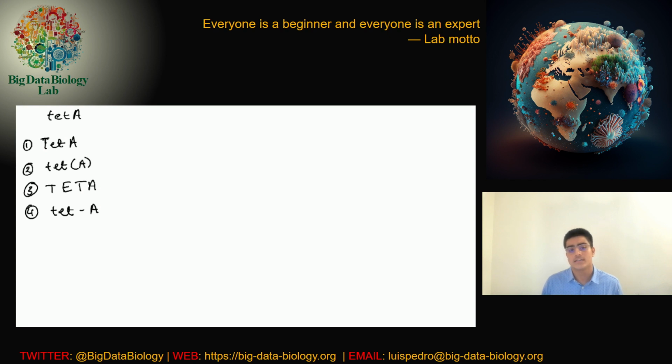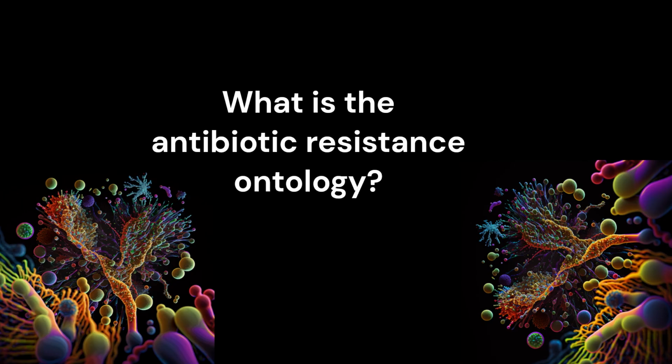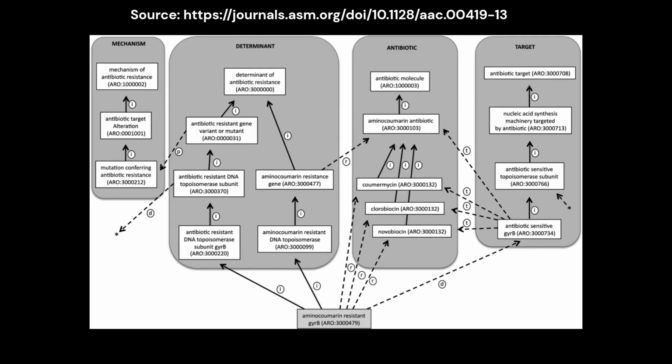What argNorm does is that it normalizes these different output vocabularies to the same ontology, or the same vocabulary, which is the antibiotic resistance ontology, or the ARO. An ontology is a structured model that defines different types of entities and the relationships between those entities in a formal and organized manner.